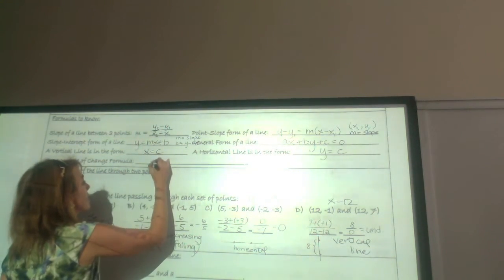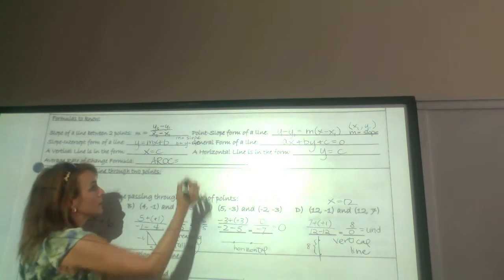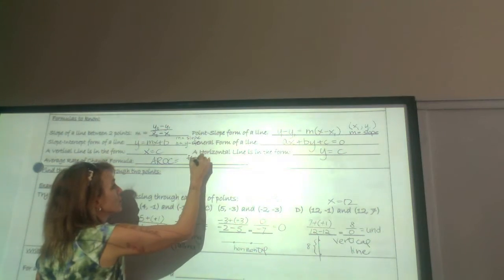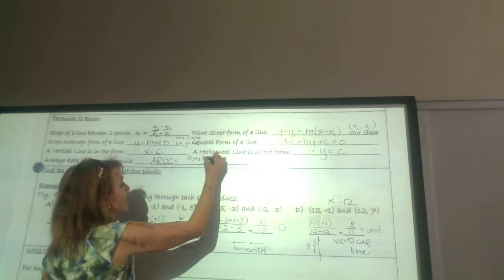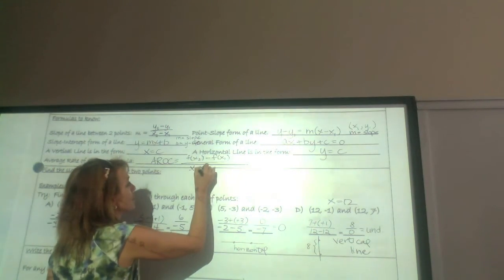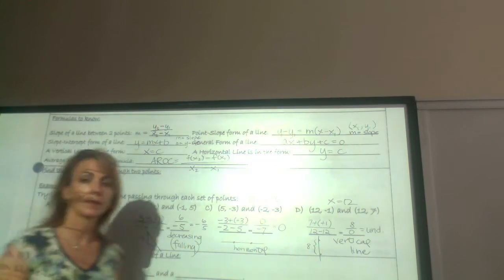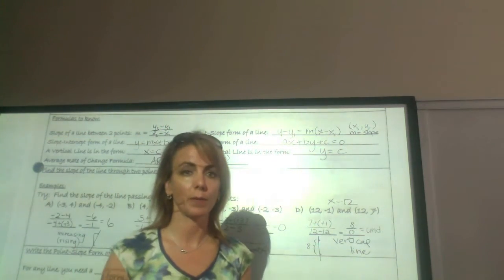So we say that the average rate of change, or the AROC, is equal to f of x2 minus f of x1, all divided by x2 minus x1. Okay. And those are your formulas you need to know.